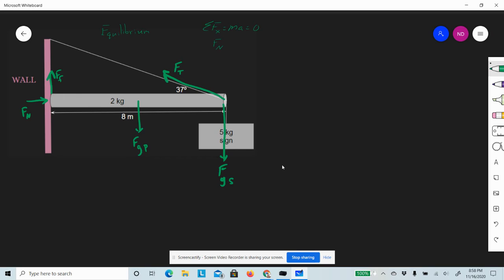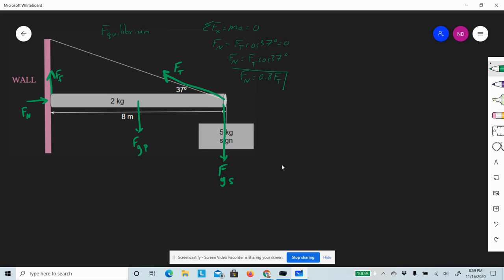The normal force minus Ft cosine 37 degrees equals 0. So you end up with something pretty simple. Normal force equals Ft cosine 37. The cosine of 37 is 0.8, so you could say Fn equals 0.8 times the force of tension.